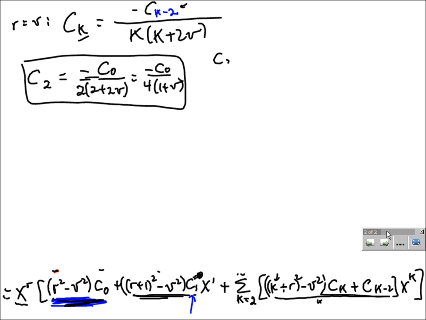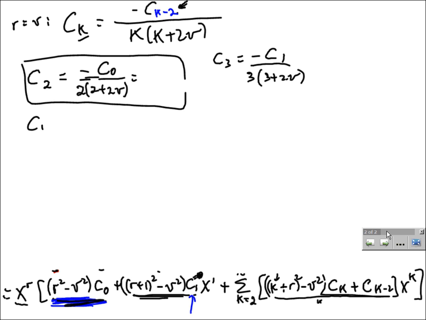Now, c sub 3 will be negative c1 over 3 times (3 plus 2v). No, I don't think I want to factor out that 2. But you don't see that until you try.